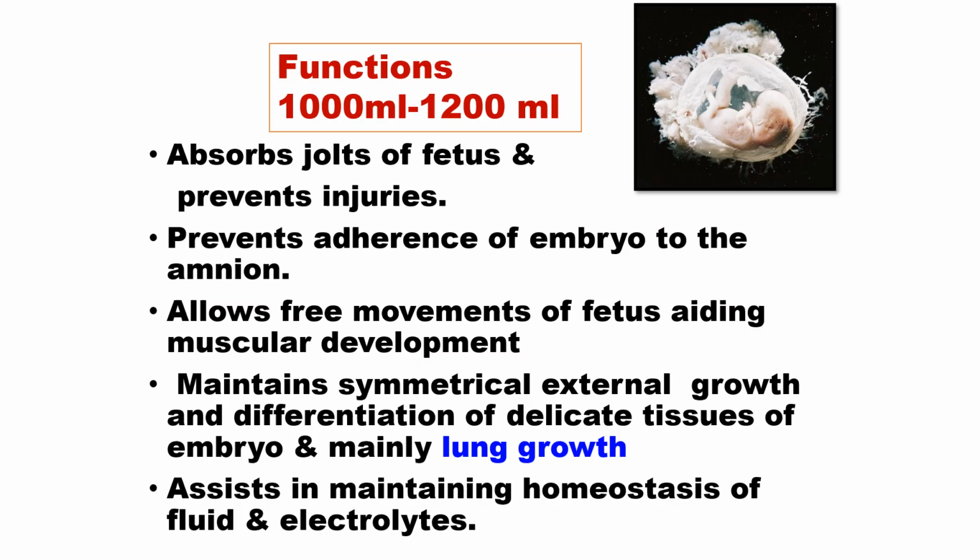Functions of the amniotic fluid. It absorbs jolts to the fetus and prevents injuries, prevents adherence of the embryo to the amnion, allows free movements of the fetus aiding muscular development, maintains symmetrical external growth and differentiation of delicate tissue of the embryo, mainly the lung tissue, and assists in maintaining homeostasis of fluid and electrolytes.